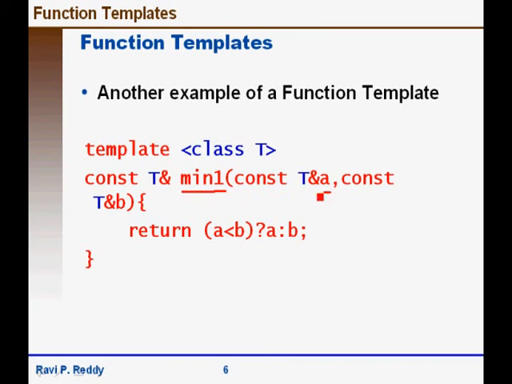Given two arguments a and b, it returns the smaller of the two. The code is here: if a is less than b, return a, else return b. So the return type is also of the same type T. Here the unknown type is T.